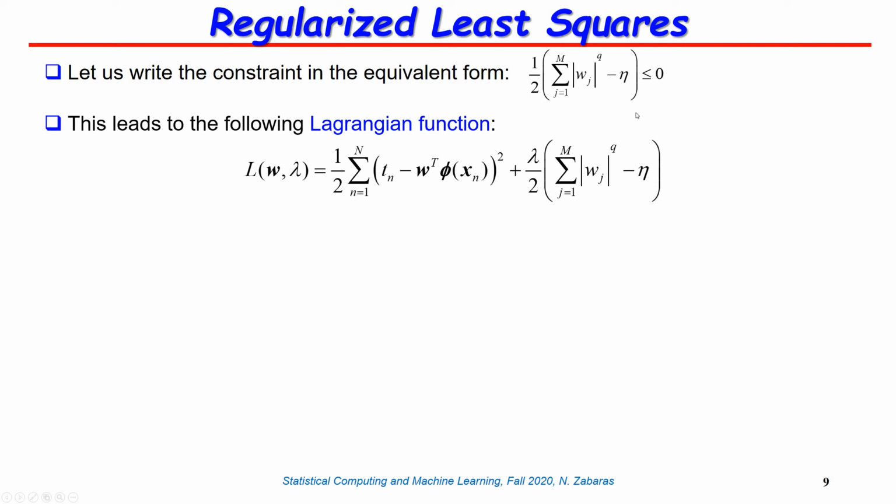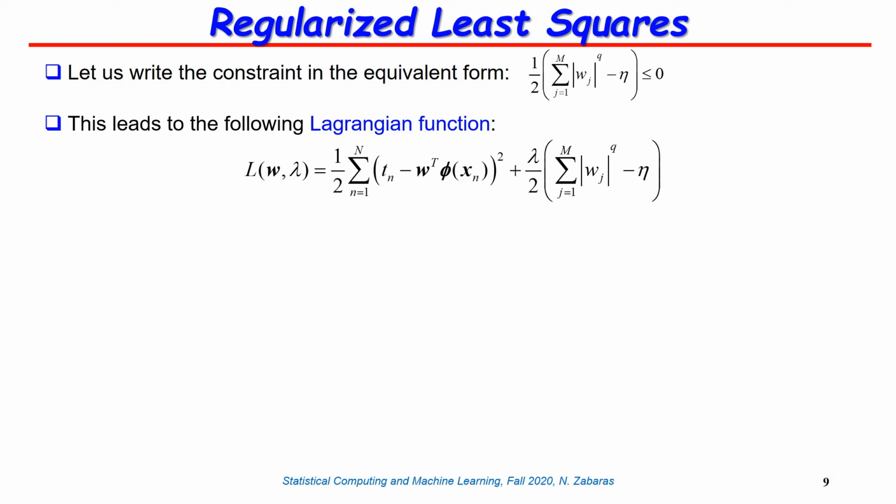Now I want to minimize the error that I make on the data, but also with this constraint in mind. The way to impose this constraint is to minimize the Lagrangian function, which involves the error function, the error you make on the training data, plus a Lagrange multiplier times this constraint. To optimize this Lagrangian function, you have to satisfy what are called the Karush-Kuhn-Tucker optimality conditions.